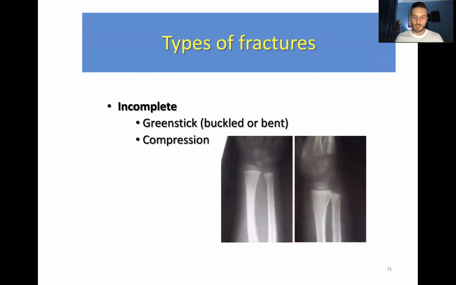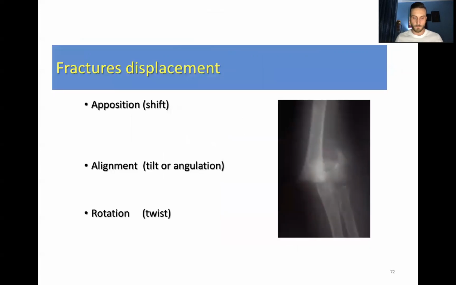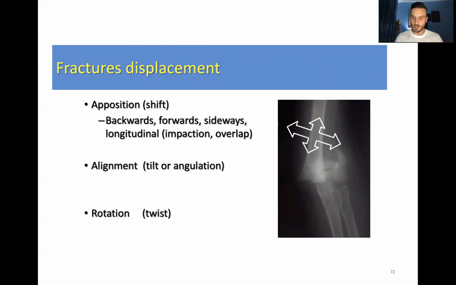Here we have a bone cyst, which makes the bone weaker. And this is part of the incomplete fracture, which is the greenstick or the buckle fracture. Now we want to talk about the displacement of the fracture. We can talk about the apposition, the shifting, and in which axis it is going, into varus or valgus. It's going inside or outside, medial or lateral. Is there any overlap, shortening or not?